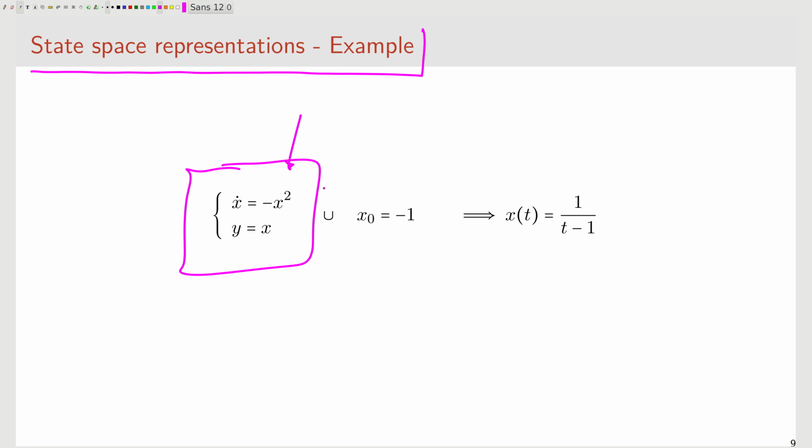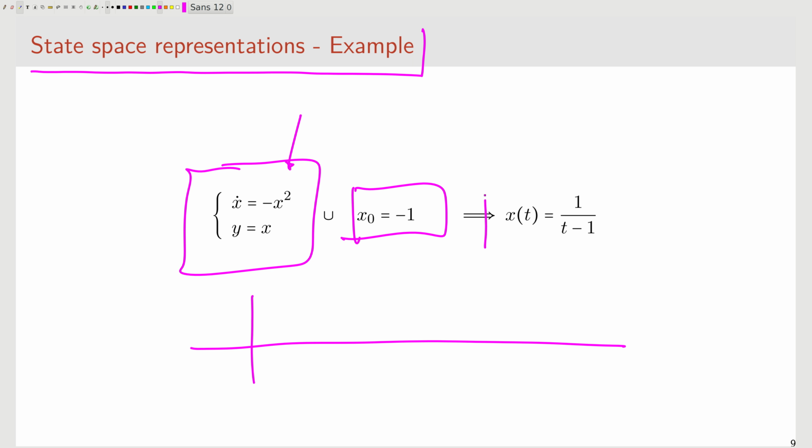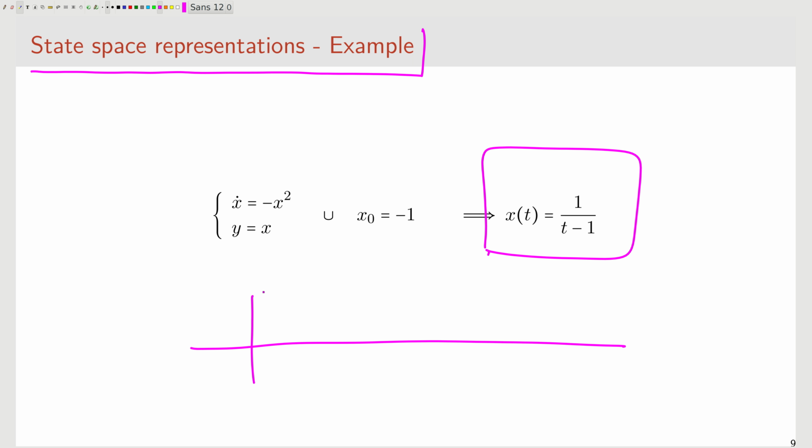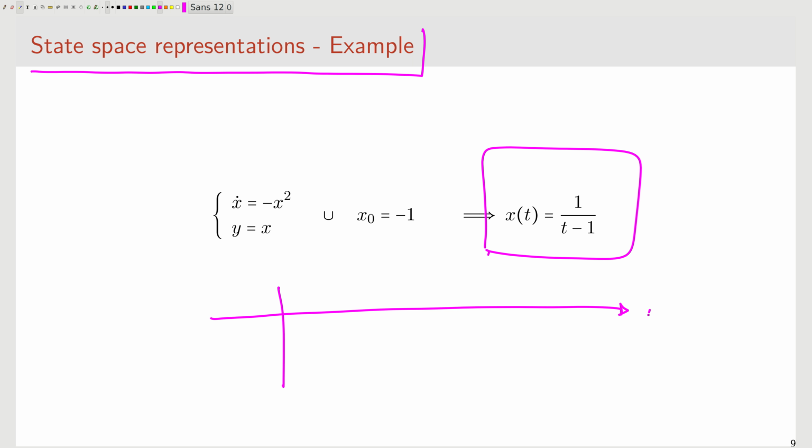Anyway, we have a certain system and we start from a certain initial condition. And then the solution is this one. That means that if we are starting at time 0, maybe it's better if I draw it in this way, we are starting at time 0 from minus 1, then the solution for x of t, and this is t, the solution for x of t is 1 over t minus 1.